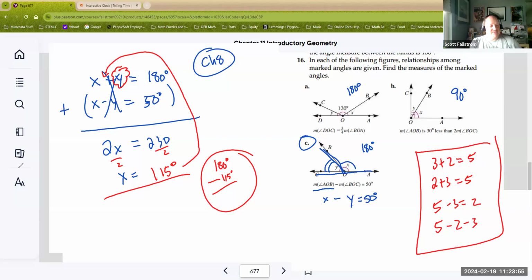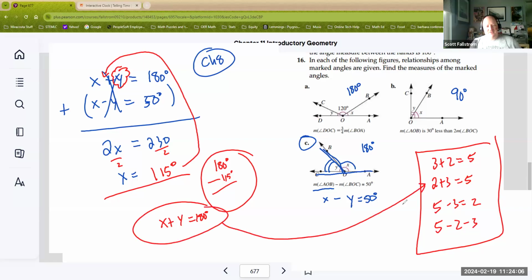Why is that so important? Over here, what did we have? We had X plus Y equals 180. If I know my 4-fact families, I could just say Y is equal to 180 degrees minus X. Done. And I know what X is, so I can just plug it right in.